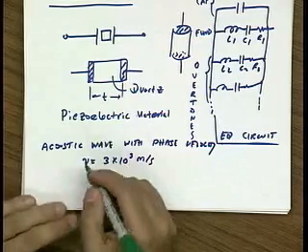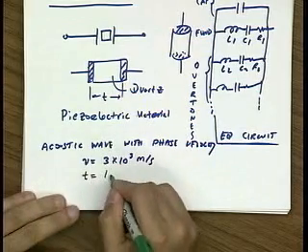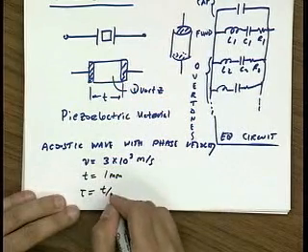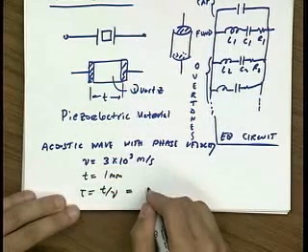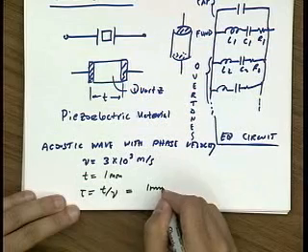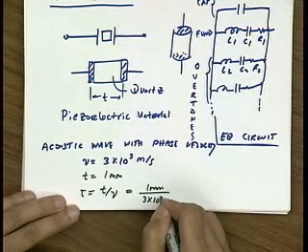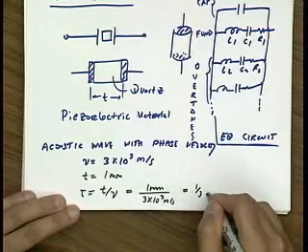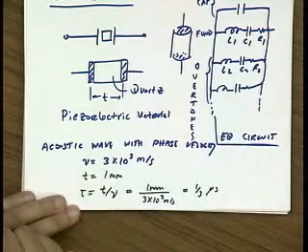So for instance, if the material had a thickness of 1 millimeter, then the delay time for a wave to travel, which is the first resonant frequency, is 1 millimeter divided by 3 times 10 to the 3 meters per second, or about 1/3 microsecond.